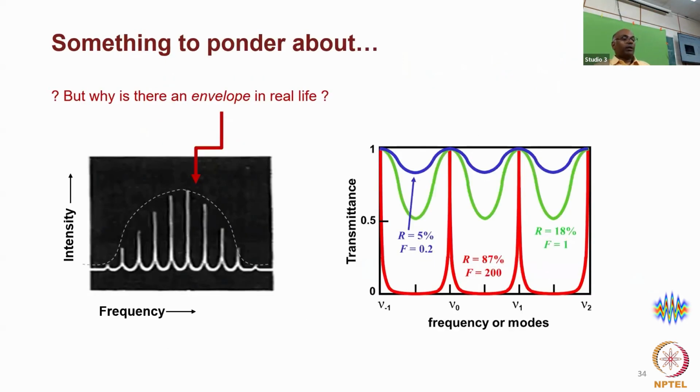So that's something for you to ponder. Why, in a real life realization of a Fabry-Perot, do we have an envelope coming up? Okay, so I'm not going to give you that answer now. Please attend our tutorial to know more about why real life Fabry-Perots have a transmittance spectrum with an envelope.